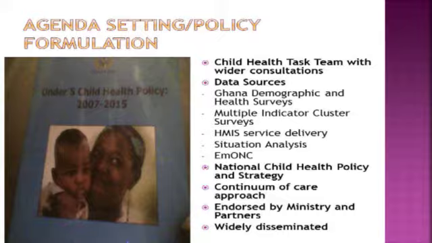I must say that although there was a task team in place, there were wide consultations. It took us almost a year to finalize the child health policy, trying to get the views of all stakeholders and getting them involved in the formulation of the policy and the strategy. That's a picture of the policy you see on the left.